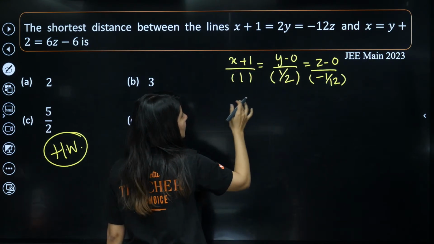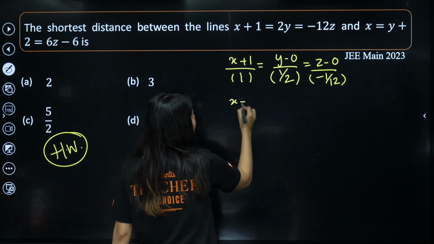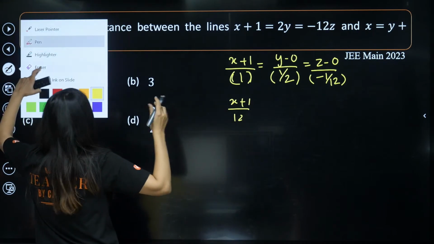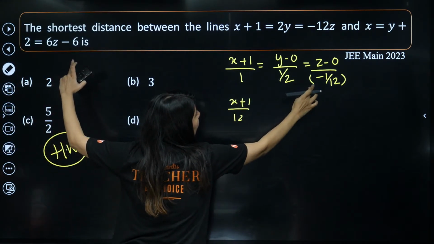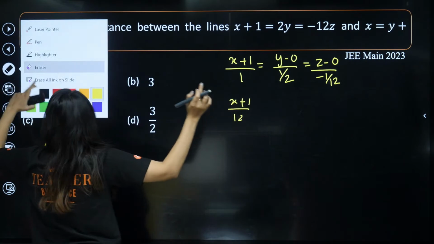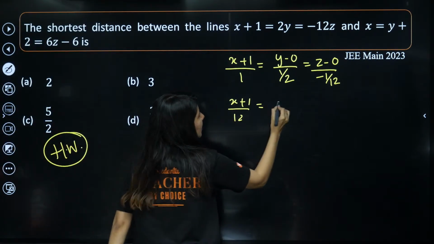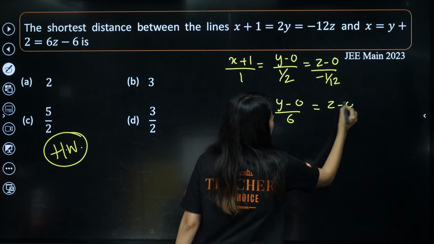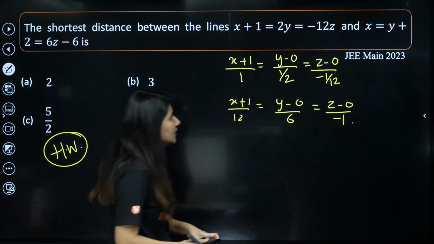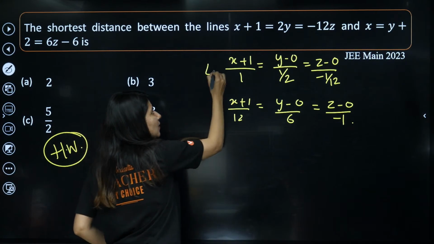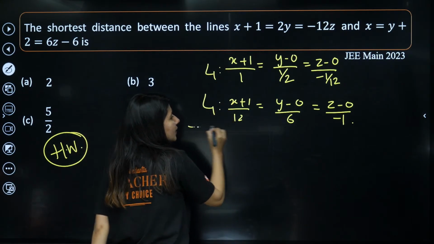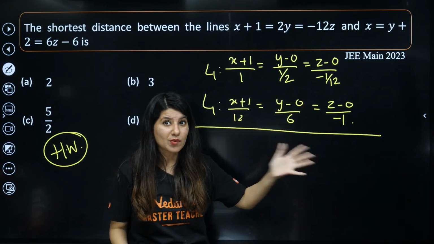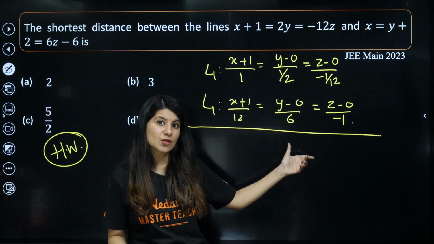So x plus 1 by 12, y minus 0 by 6, and z minus 0 upon minus 1. These two are the same, this is line 1. You can see that minus 1 by 12 will create a problem while calculating the determinant. That's why I did this.